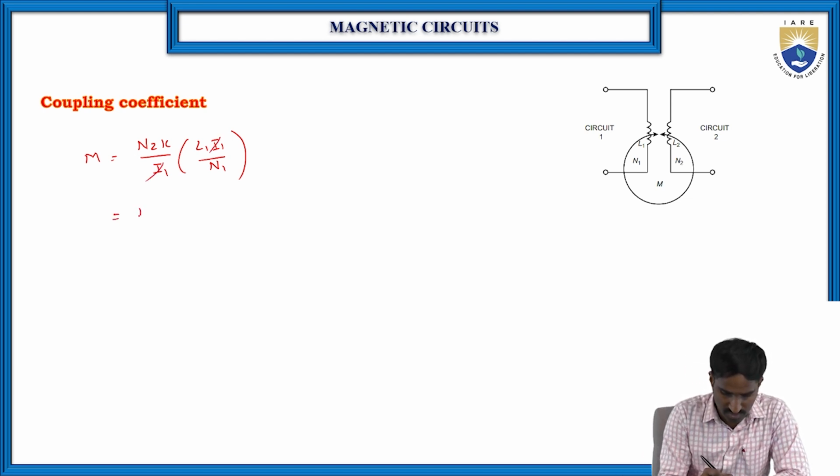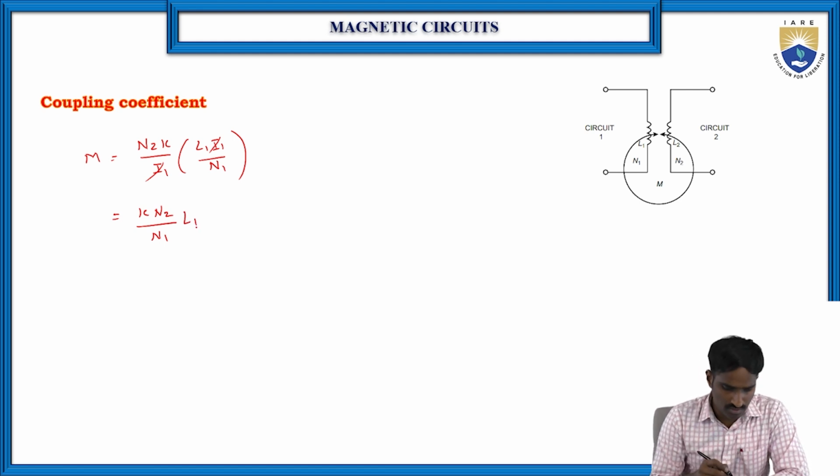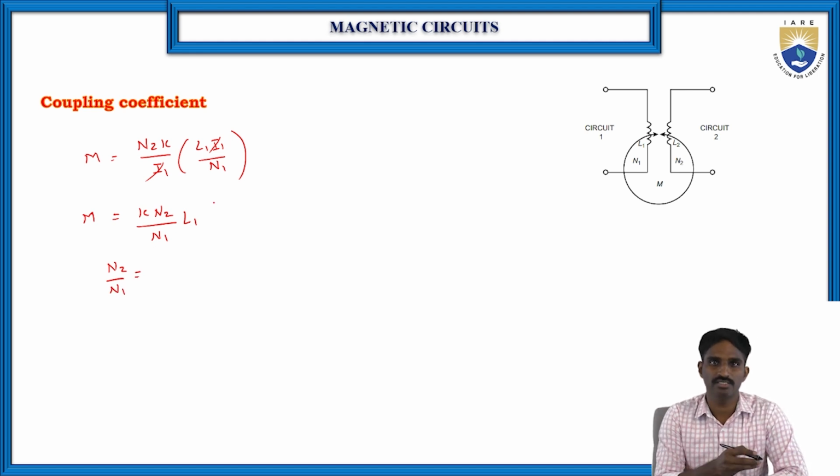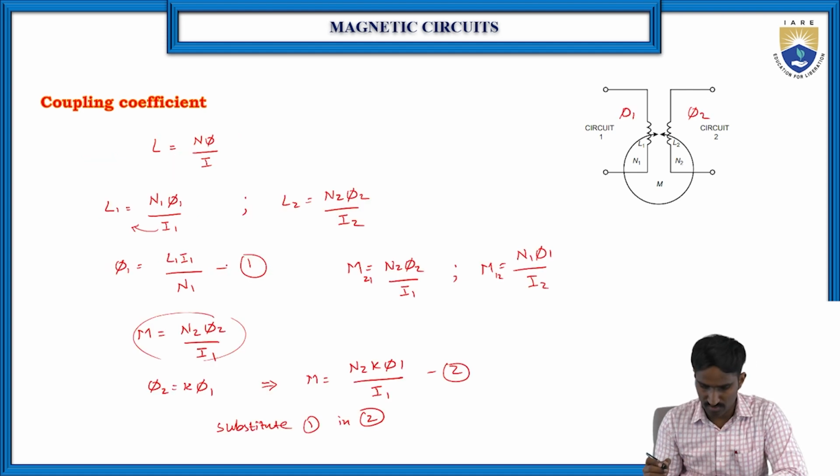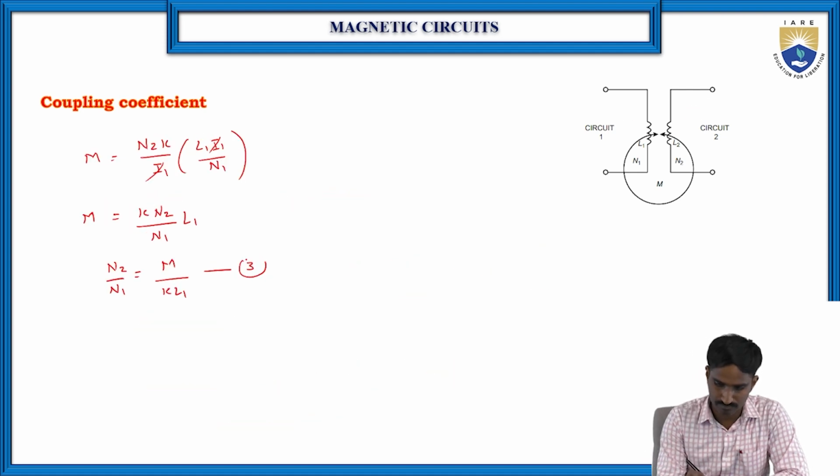Then this becomes k into N2 by N1 into L1, which is equal to M. From this equation we can take N2 by N1 and send the other terms, k and L1, to the left hand side. Then it becomes M by k into L1. Let us consider this is equation number 3.